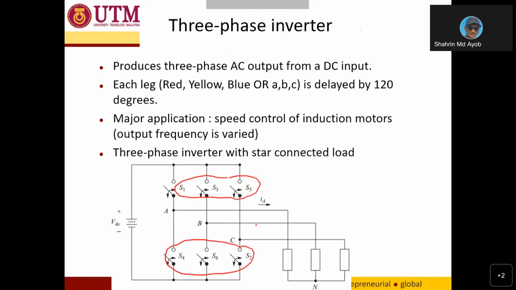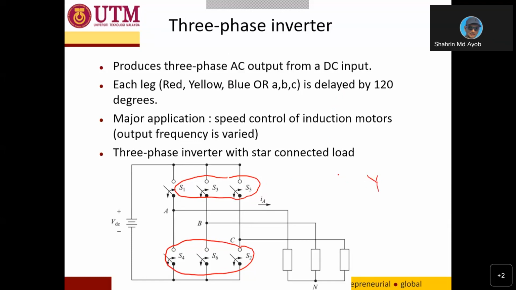The loads can be either star or delta connection, but usually this inverter is used in medium power applications, so the load connection is usually a Y connection, which is star connection.